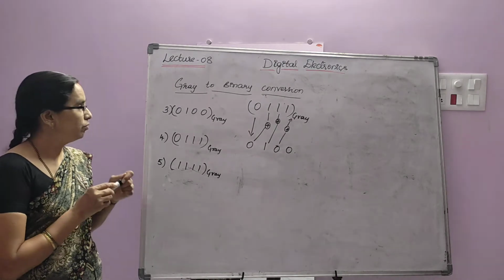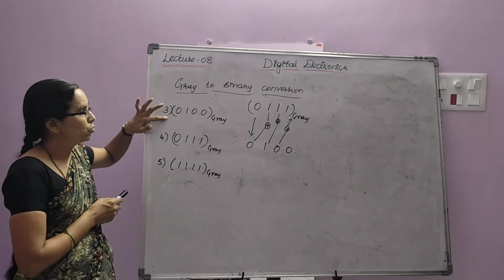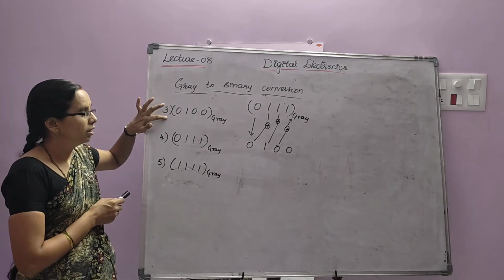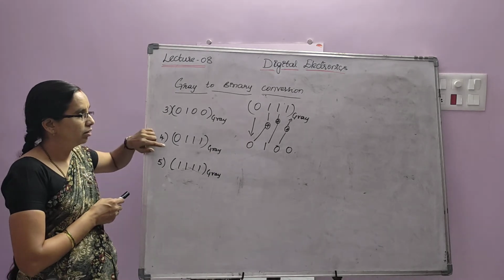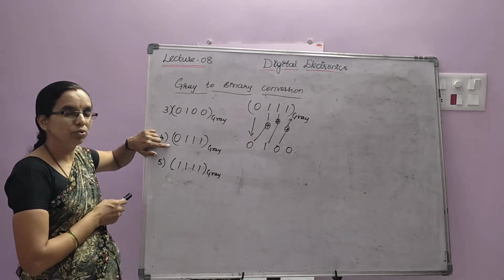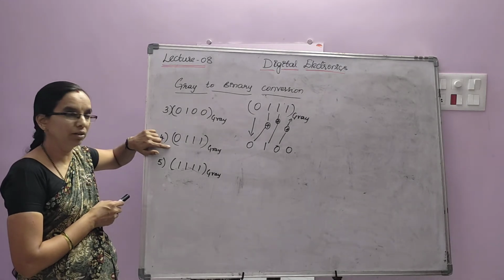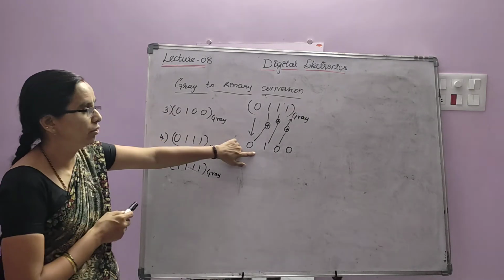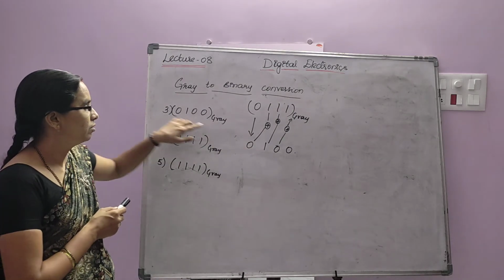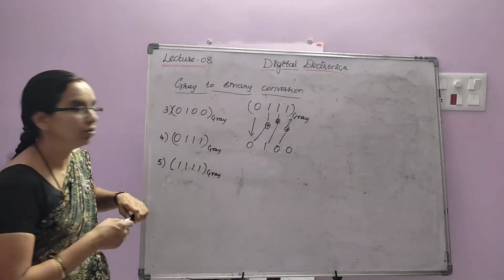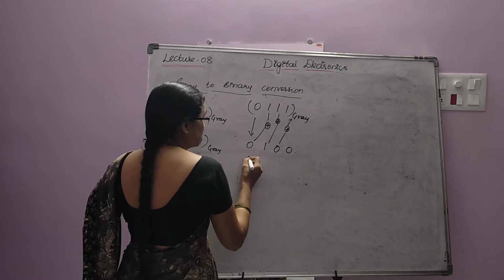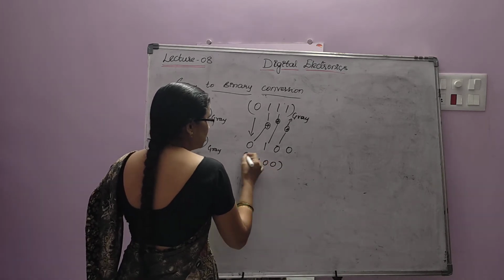See, when we solved the problem 0 1 0 0 gray, the binary value was 0 1 1 1, and for this gray value we'll get the binary value 0 1 0 0.